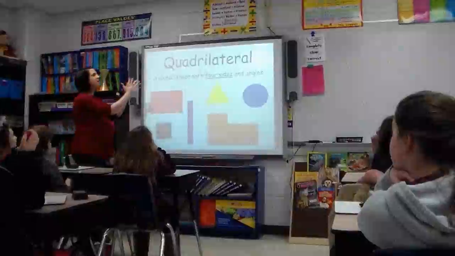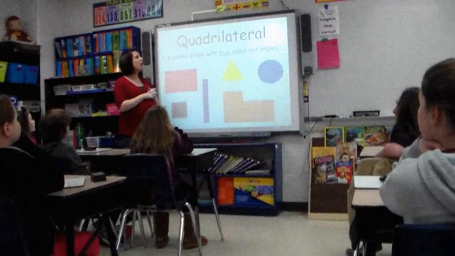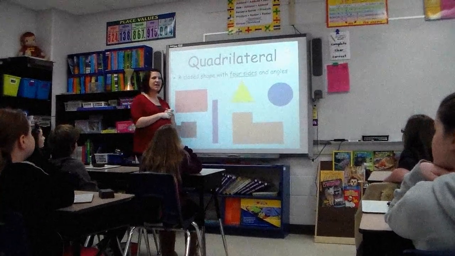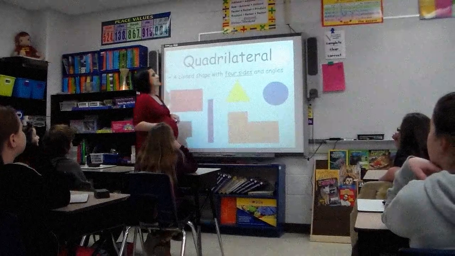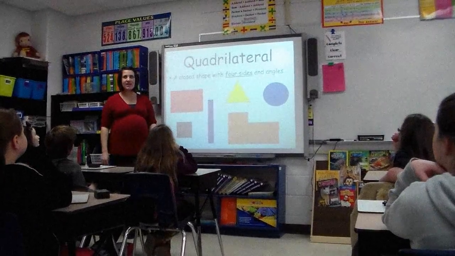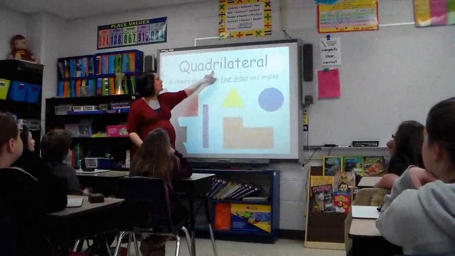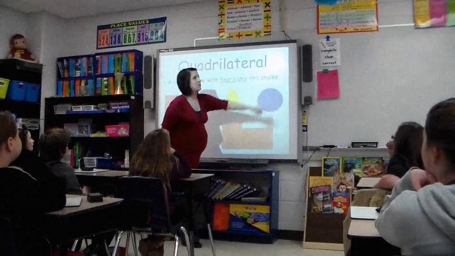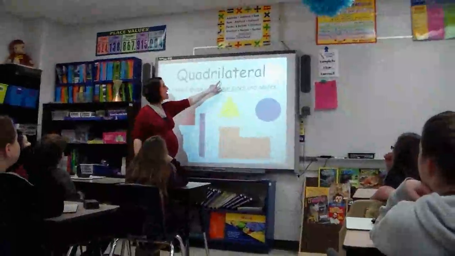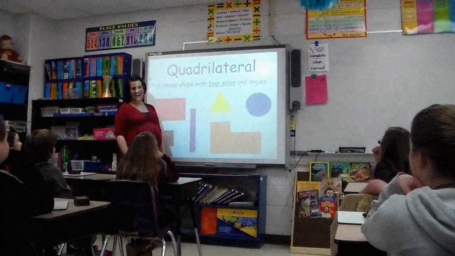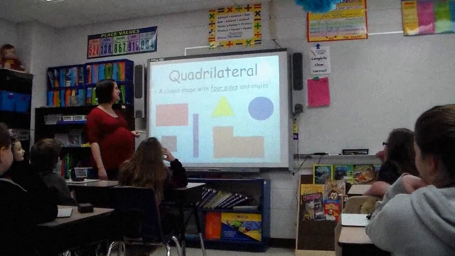This is a type of polygon. It's a quadrilateral. Can you echo that word? Quadrilateral. All right, I'm going to say it real slow. You say it with me after I say it. Quadrilateral. Quadrilateral. Good, it's going to take some practice.